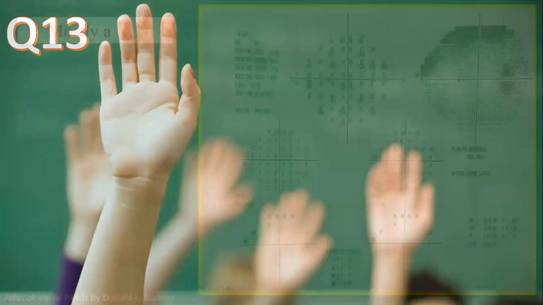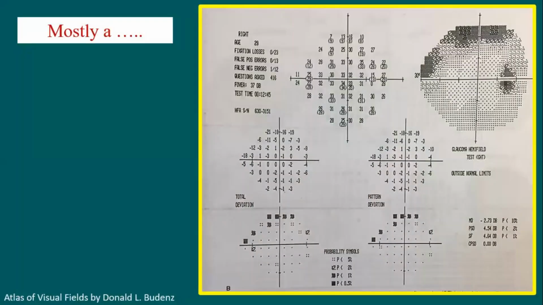Okay, so the last question, question number 13. Fill in the gaps, mostly. Yeah, we can say visual defect. Yes, it's a visual defect, but we usually say lid artifact. So again, this is important, and this shows you the importance of considering ptosis before visual field testing, okay?